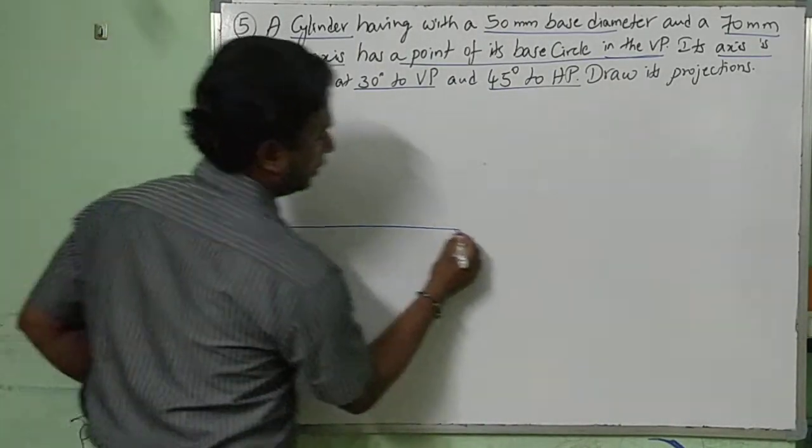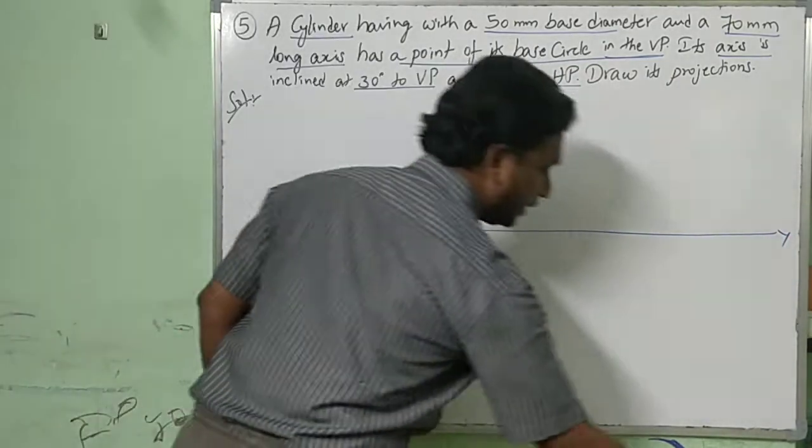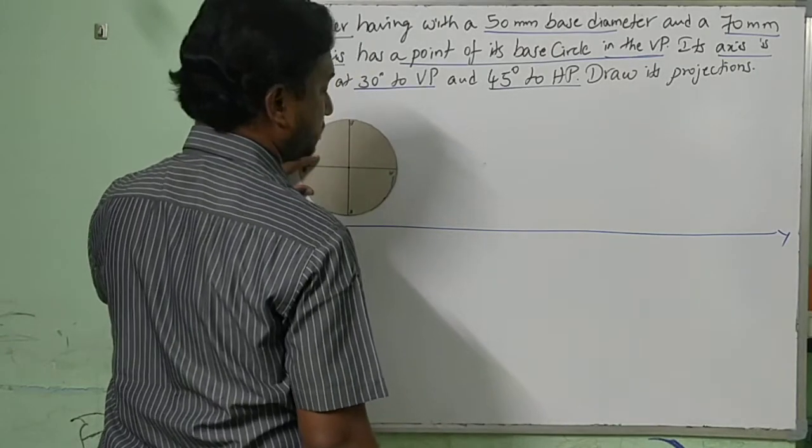As usual, let me draw a long XY line. Front view circle.